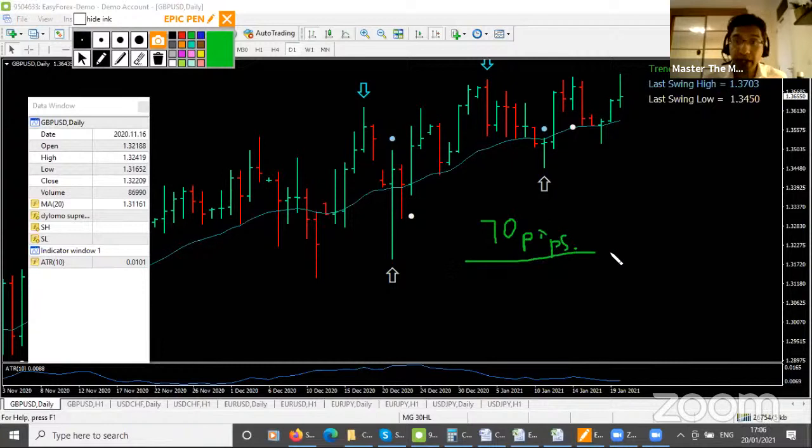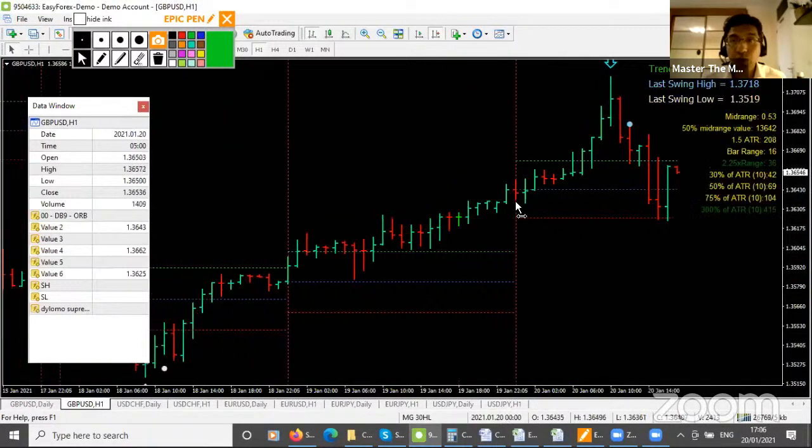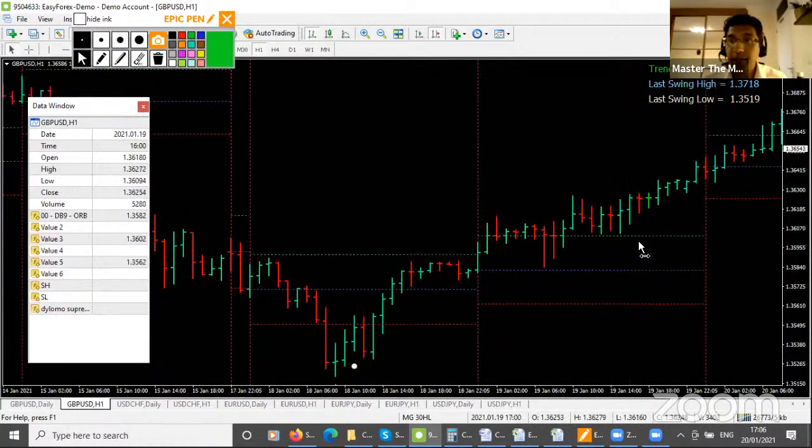Once you capture the 70 pip range, you're out of the market and you take your profit and go. For example, for today's bar, let's take a look at the 1 hour time frame. Let's say this is where you entered.